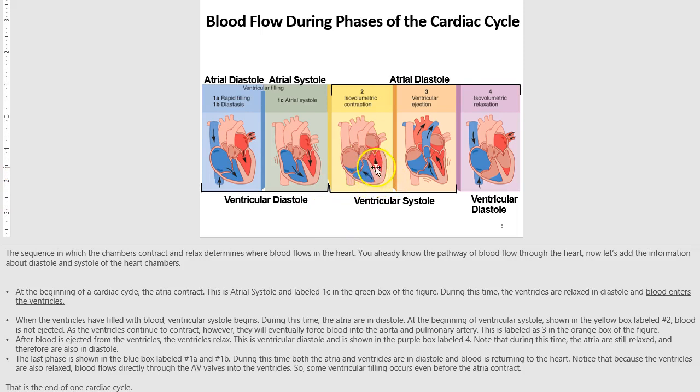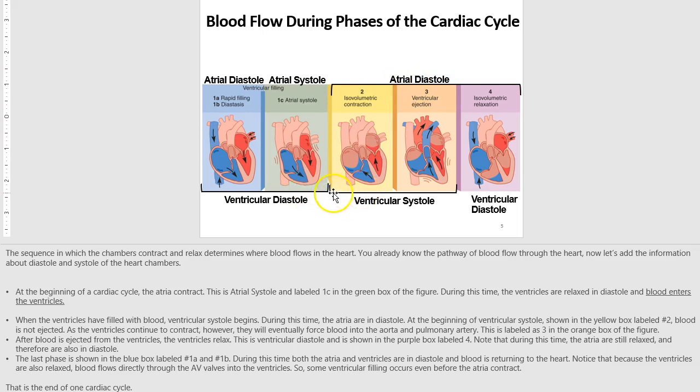Once the ventricles have filled with blood, ventricular systole is going to begin. So ventricular systole starts with the yellow box and it ends with the orange box. So there's actually two different phases. During this time, the atria are going to relax. So they are in diastole.